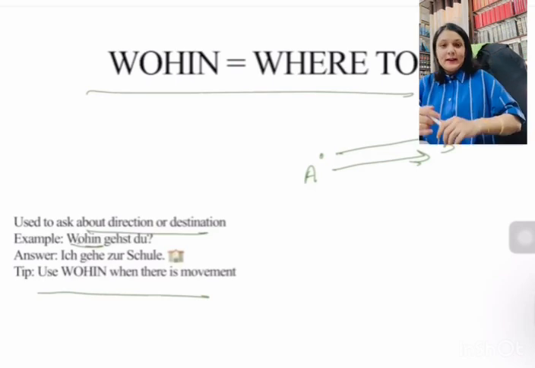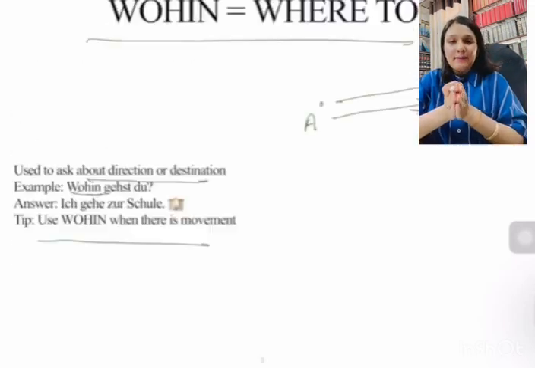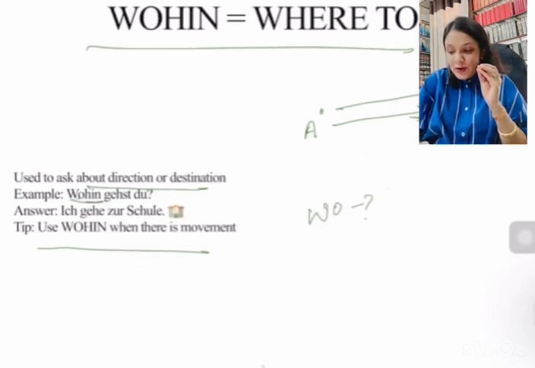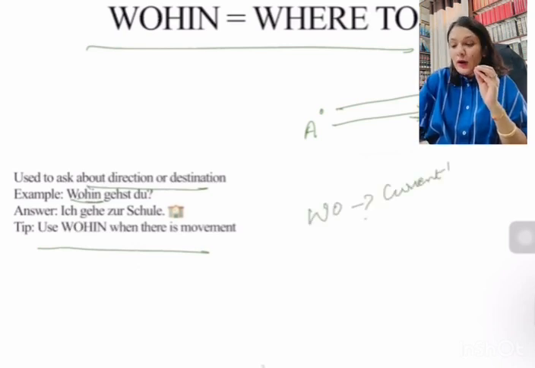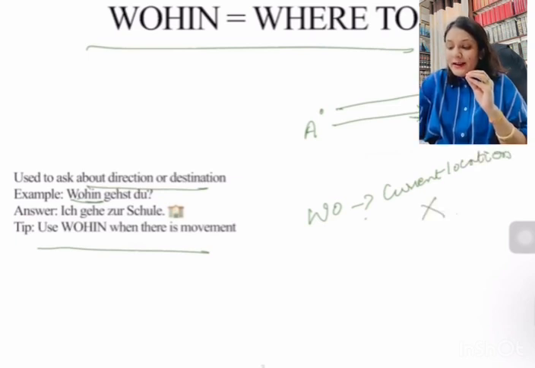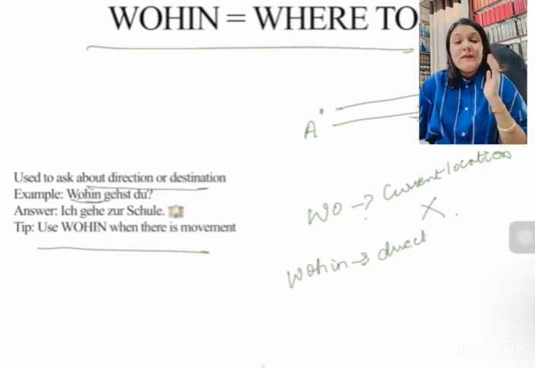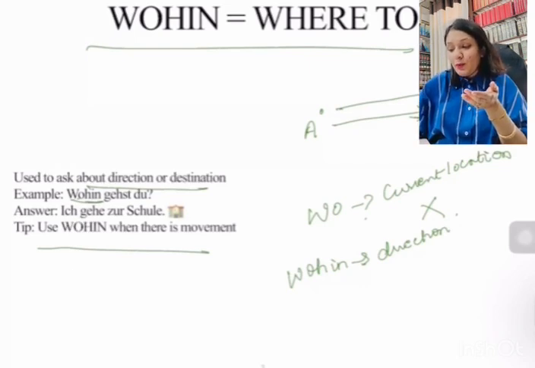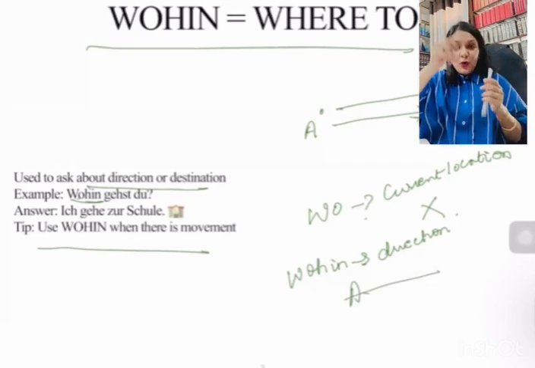I hope this is clear. I'll quickly recap this for you. Wo we use when we are talking about the current location, which does not include any movement. Wohin is used when we are talking about direction or destination, when somebody is moving from point A to point B, like where are you going?